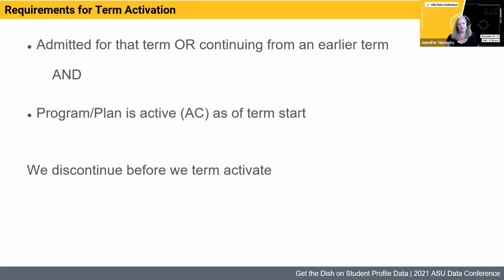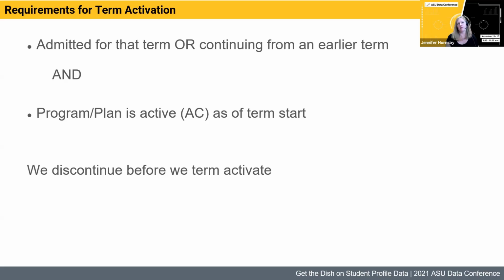The students who are not active are primarily students that graduated, but there are other students that are discontinued due to non-enrollment or maybe on a leave of absence or things like that that would cause them to not be active anymore. And I just want to point out that we discontinue students before we term activate.